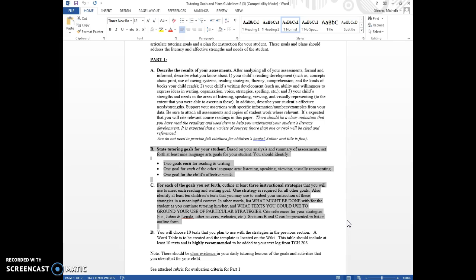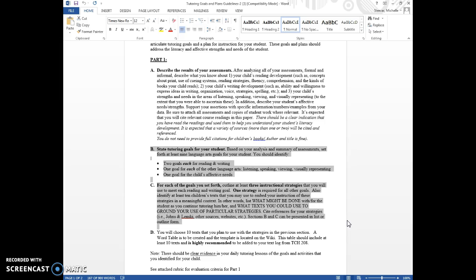For each of those strategies, you'll give the name of the strategy, 1 to 2 sentences describing what that strategy is, and then in parentheses, where you got that strategy. You need to go nowhere else other than improving reading or craft lessons for your strategies, as these are approved strategies for this class.